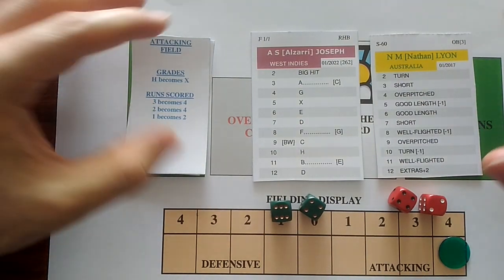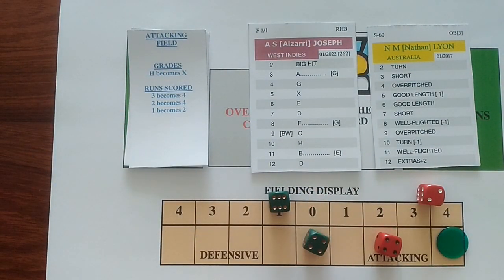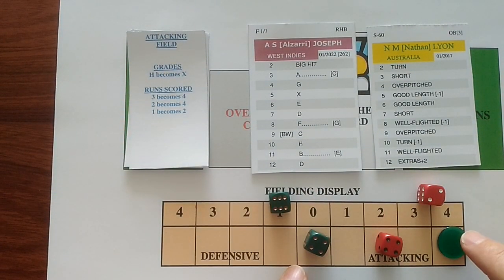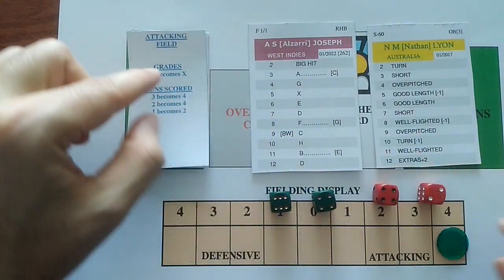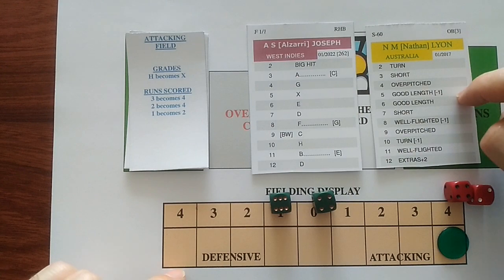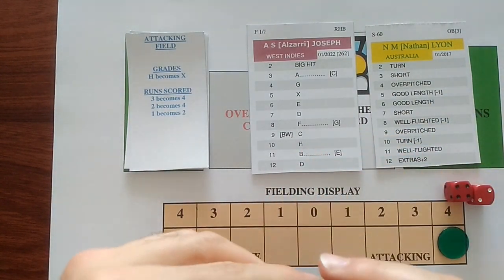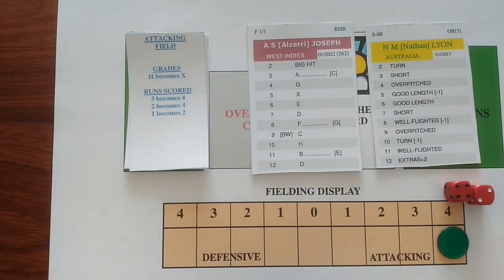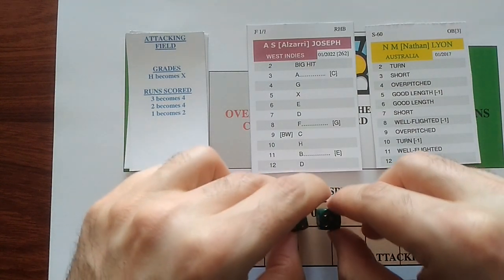Okay, but because we have the field in play, we have our 4 and our 4, which is the same number, and it's equal or underneath the field selection that we have, so our fielding card is in play. So we have, again, our good length ball, but we have to re-roll this. Now say we re-rolled this and it came up as a 5 and a 5.